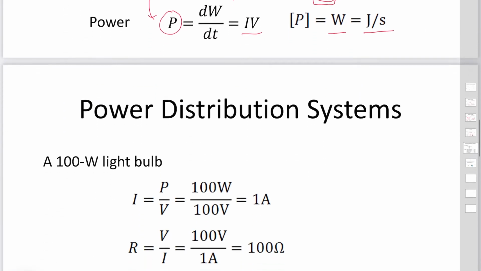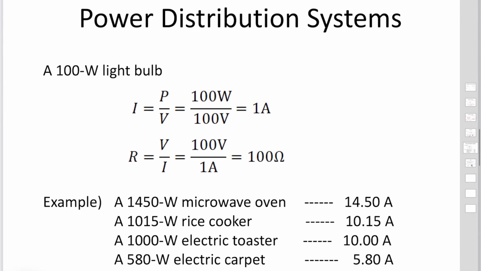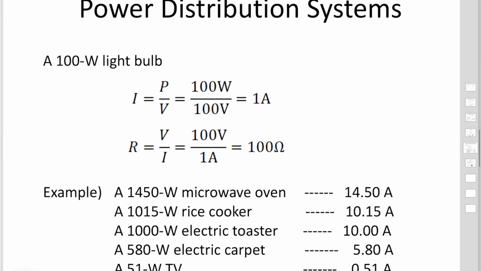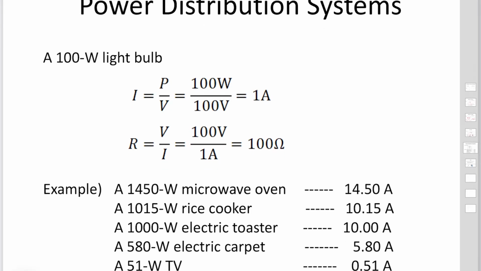You can find out the current flowing in the electric devices in your house, in power distribution systems. So for example, consider a 100 watt light bulb in a house in Japan, where the voltage is 100 volts. You can use P equals IV.